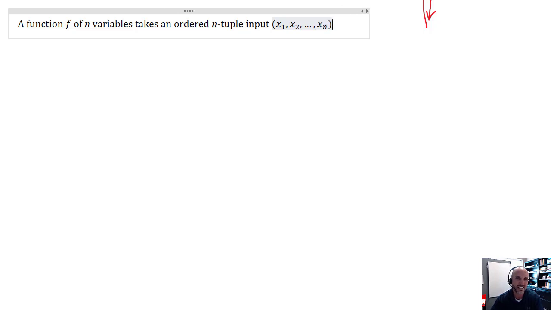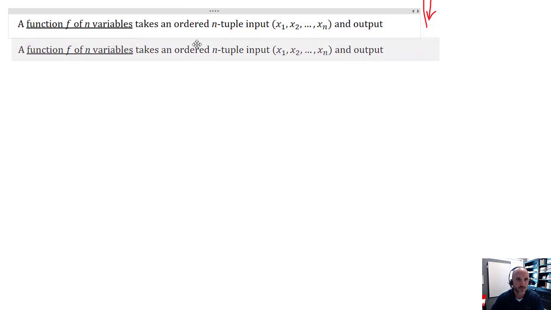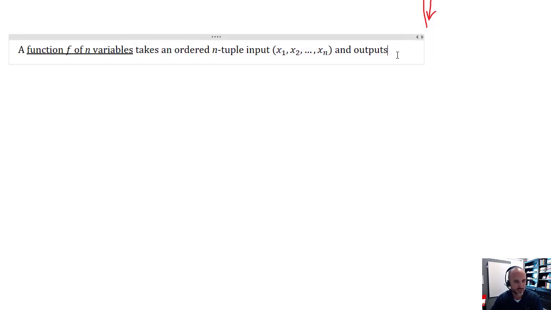It takes n numbers in order as an input, and outputs, again, some real number, let's say y here. Furthermore, our ordered n-tuple comes from R to the n, so all of those coordinates are real number coordinates still, and y is also a real number.